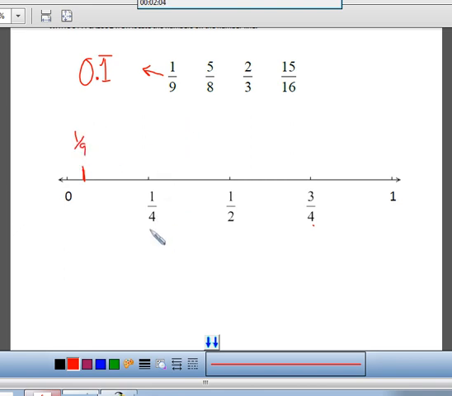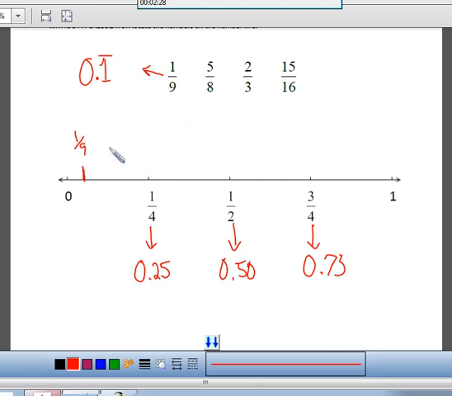The other thing we could do is turn these fractions into decimals. The reason I'm thinking of them as decimals is that none of the fractions have a common denominator up here, so you can't really compare them if they don't have a common denominator.